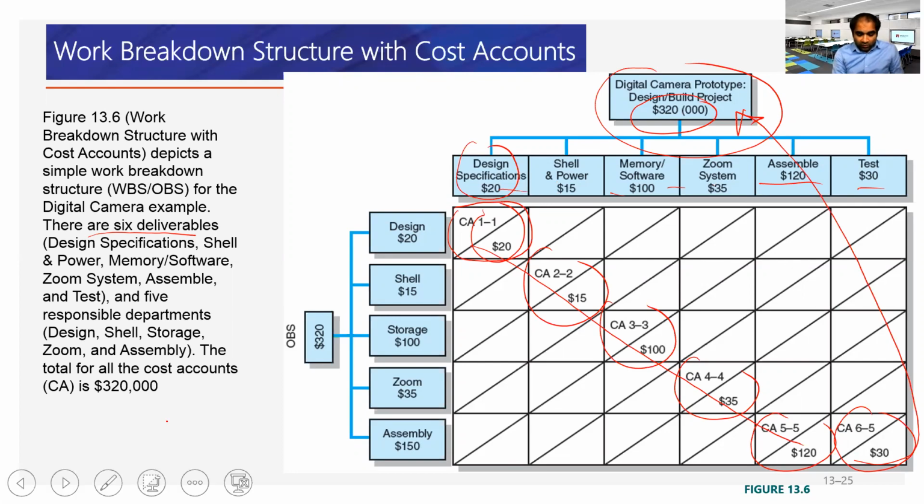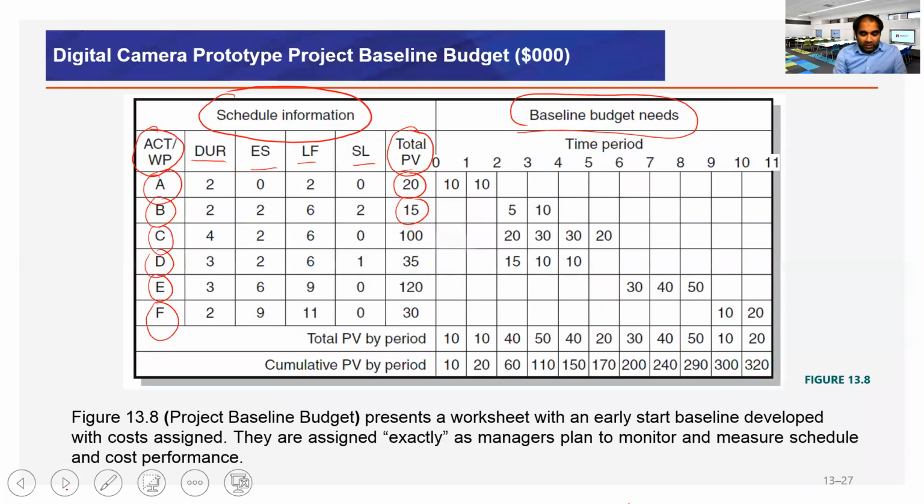So for each of those work packages or activities, now we have a planned value. For C, in the planning stage, we already defined that C must be completed within a 100K budget. For D, we allocated 35, 120, and 30K. Where does it come from? Again, I repeat, in the planning stage, this is the allocated budget for each work package or activity for the entire project.